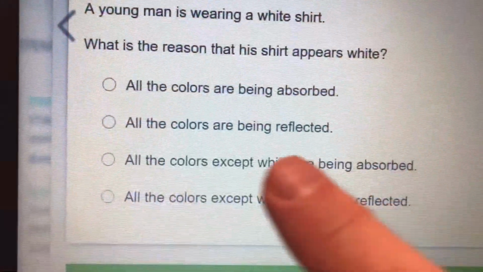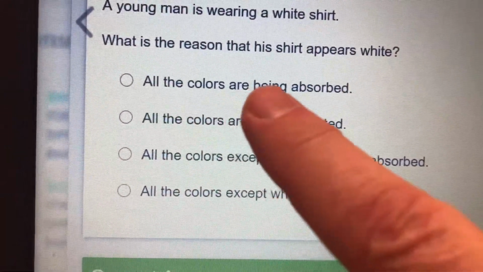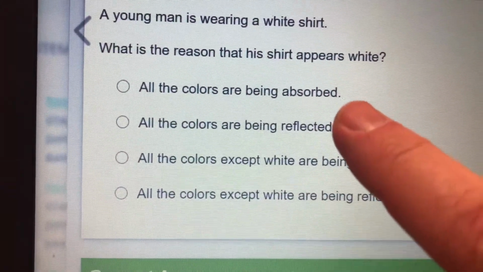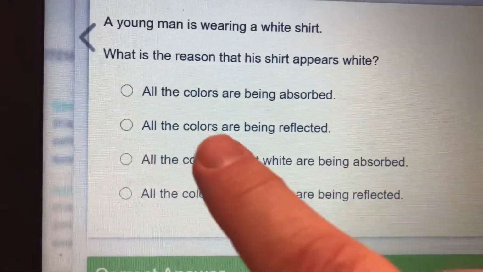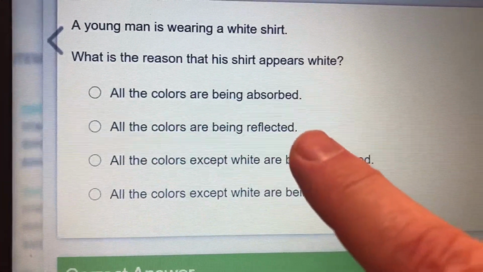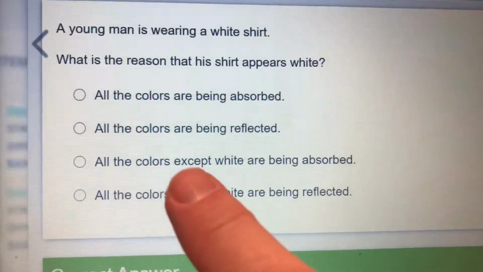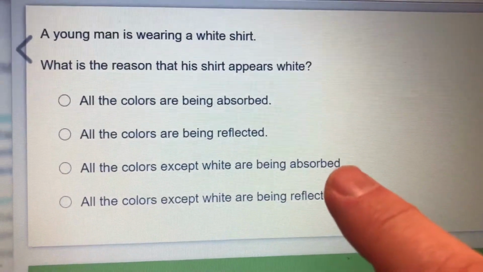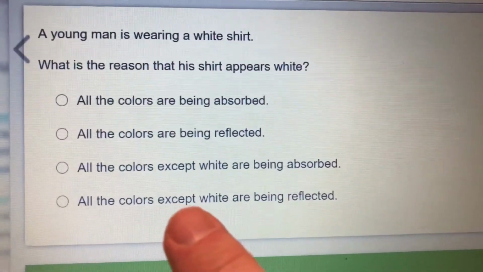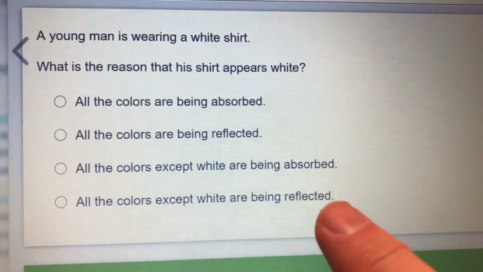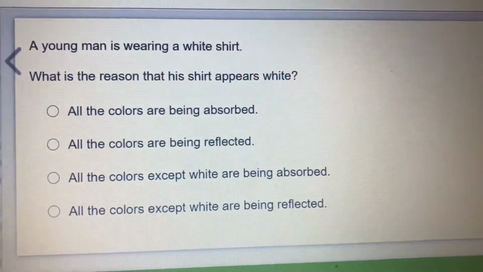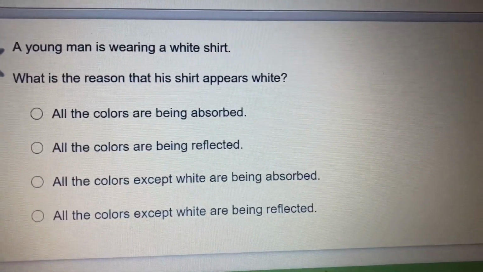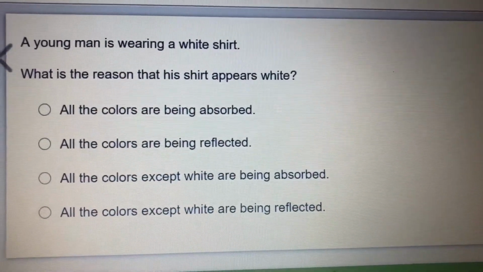Let's look at our choices. All the colors are being absorbed. All the colors are being reflected. All the colors except white are being absorbed. And all the colors except white are being reflected. Well, what do we know about white?